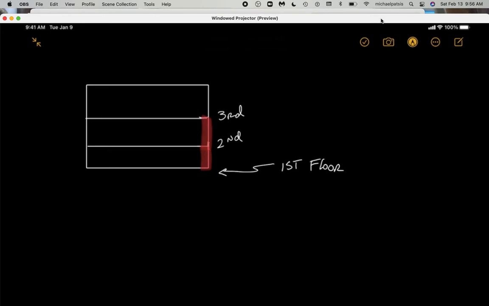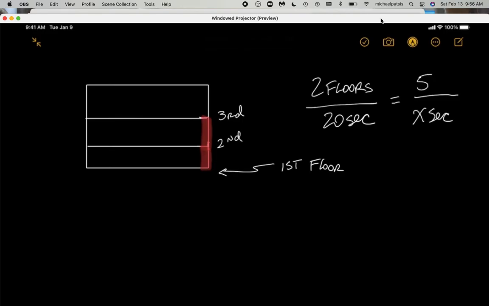So he traverses 2 floors in a total of 20 seconds. They want to know how many seconds does it take, so let's put x seconds, to go 5 floors.